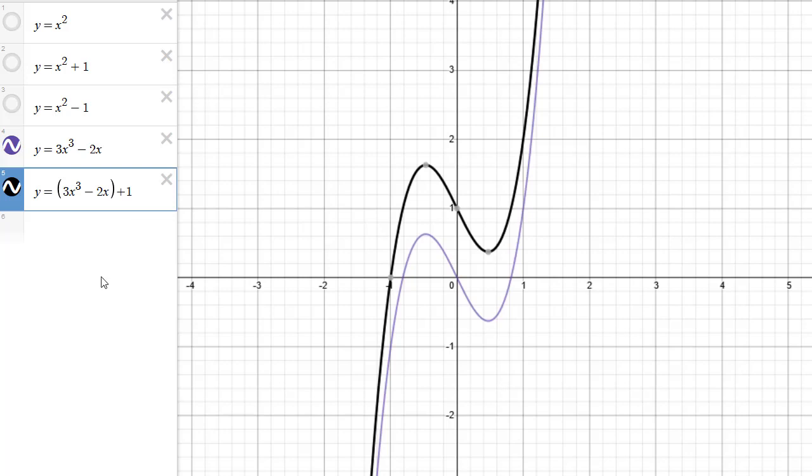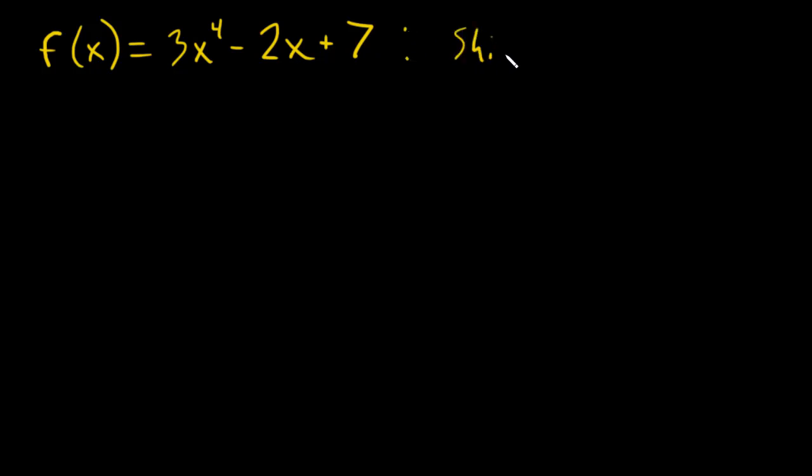Okay? So let me go back to the drawing area and we'll talk about this in detail a little bit. Let's say I have f of x equals 3x to the fourth minus 2x plus 7, and I want to shift up by 5.